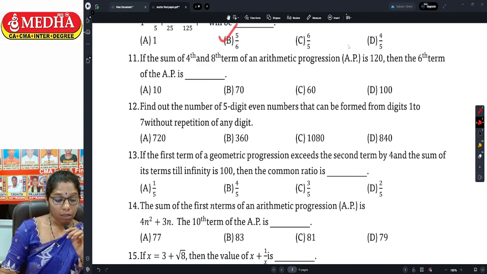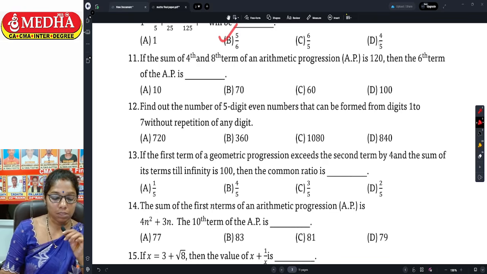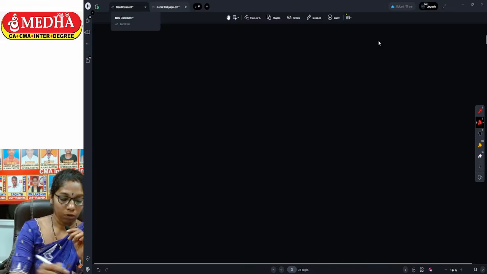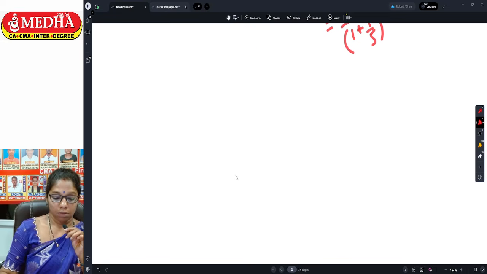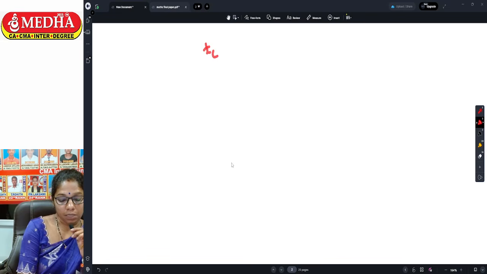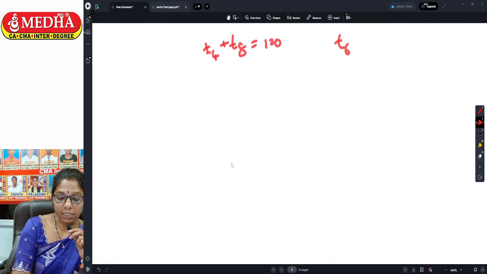Next, if the sum of the 4th and 8th terms of an arithmetic progression is 120, then find the 6th term. T4 plus T8 is equal to 120. Then find T6.